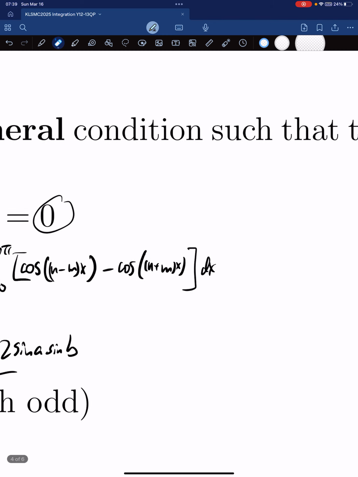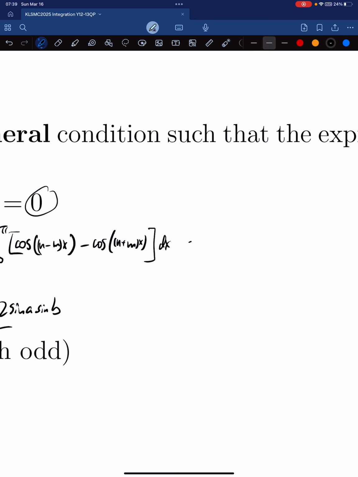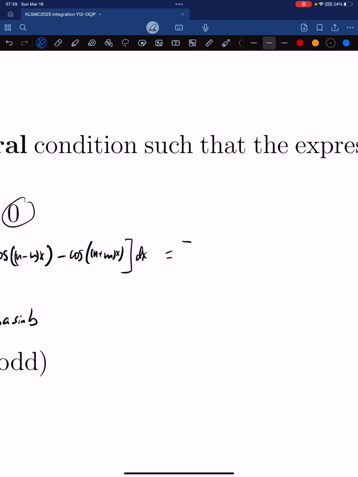So now let's try to integrate this. The first part equals 1 over n minus m times sine of n minus m x, minus 1 over n plus m times sine of n plus m x, integrated from 0 to pi.